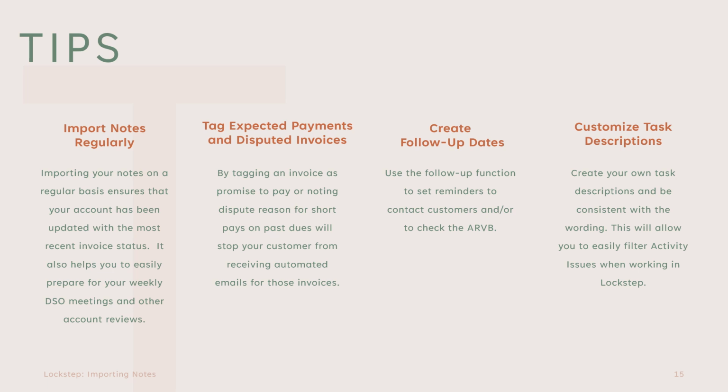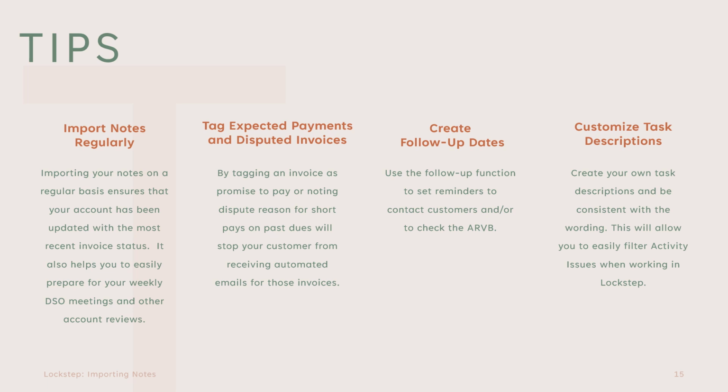By tagging an invoice as promised to pay or noting a dispute reason for short pays on past dues, you will stop customers from receiving automated emails for those invoices, and it will also give your supervisor and members of management an idea of what's going on with those invoices without having to stop and ask you to look it up.